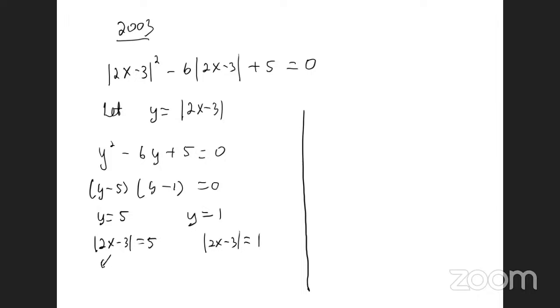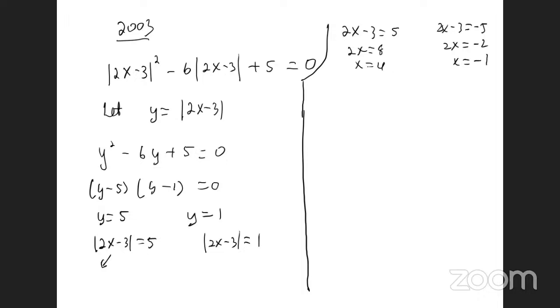So I'm going to solve this one here. 2x minus 3 is 5, 2x is 8, x is 4. It could also be 2x minus 3 is minus 5, so 2x is minus 2, x is minus 1.